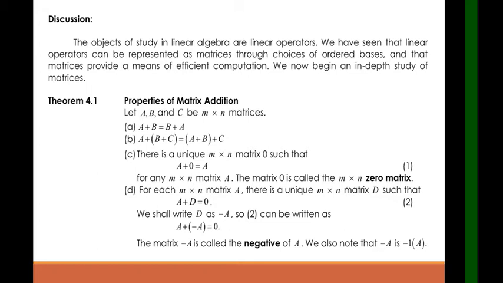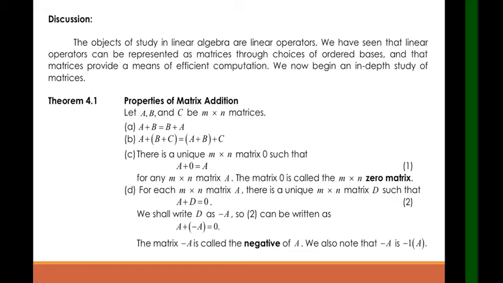Theorem 4.1, Properties of Matrix Addition. Let A, B, and C be m by n matrices. Hence, we have A plus B equals B plus A as the first property of matrix addition.